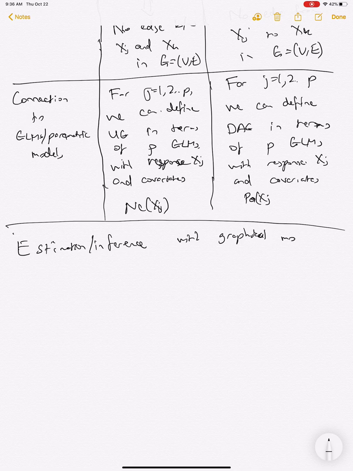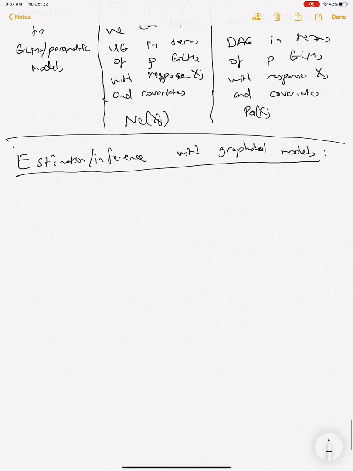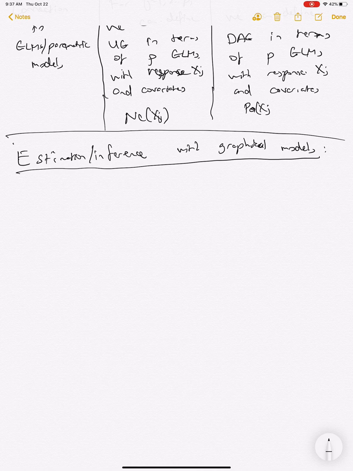The remainder of this lecture is just going to lay the foundation, and in the last couple of lectures of this module, we're going to talk about how we actually do inference. The connection to GLMs is going to be very useful because that's going to allow us to essentially do inference through just the GLMs.